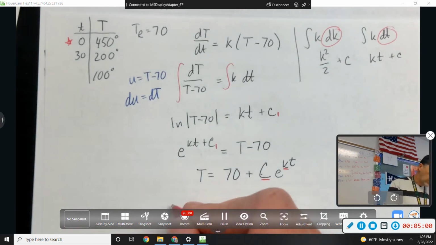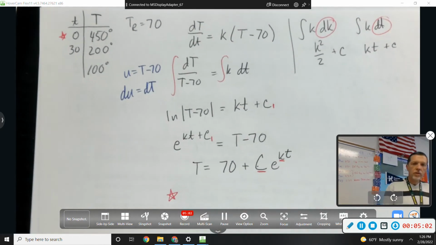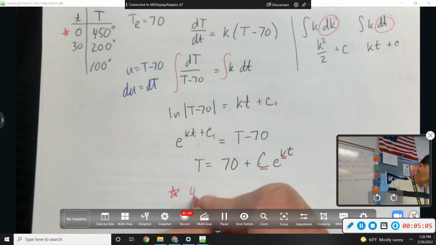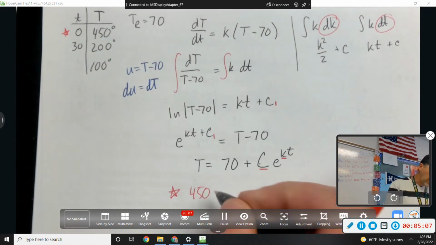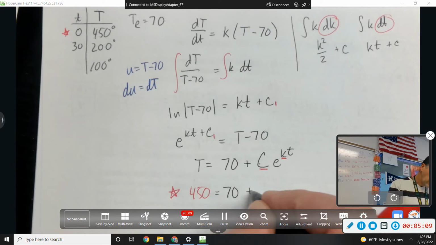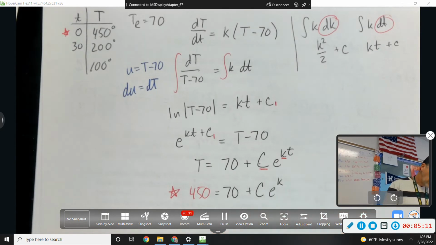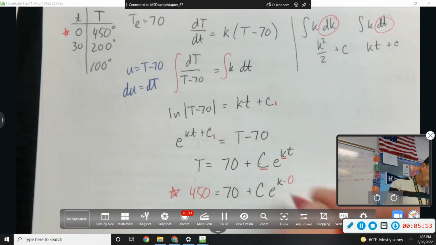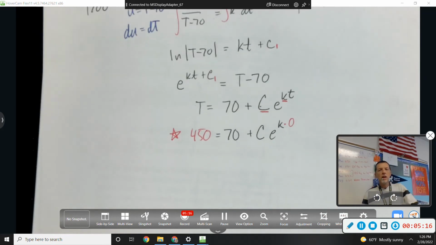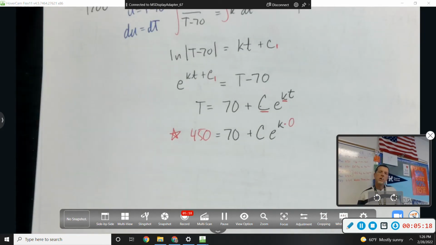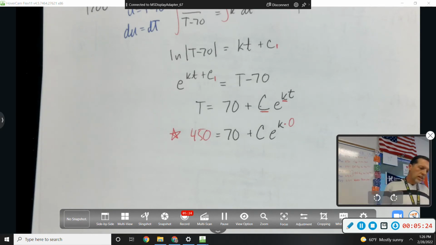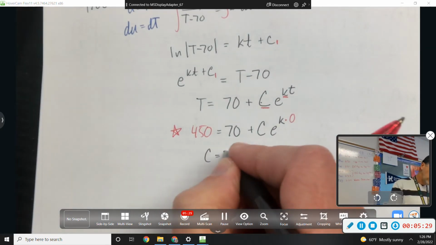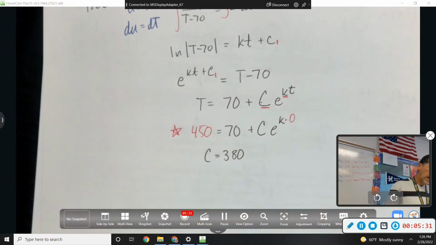So let's use the one with 0 in it first, because usually that makes things go away and makes life easier. E to the 0 is 1, so C is 380.